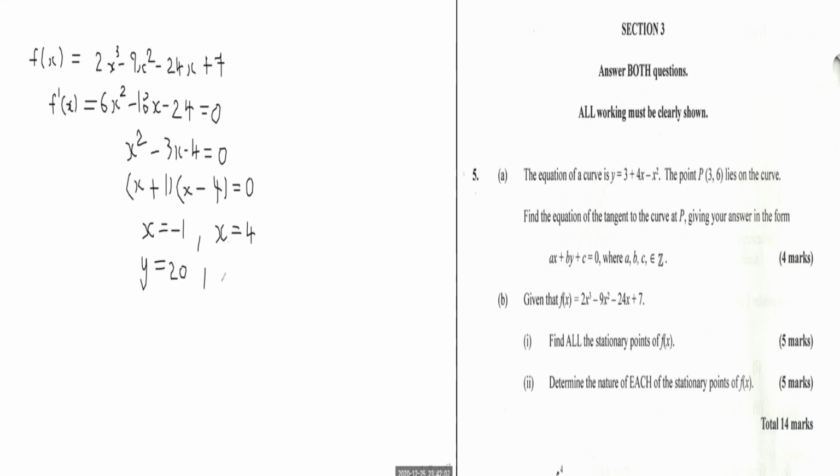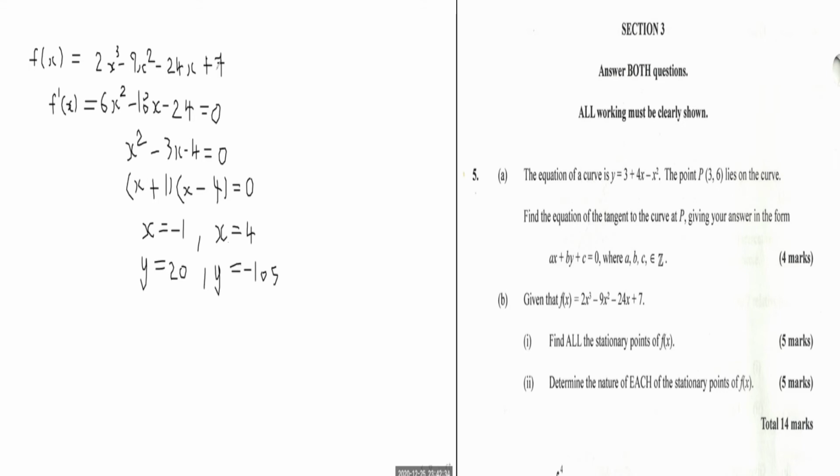And then we put in x as 4 here. So we're going to get 2 times 4 cubed minus 9 times 4 squared minus 24 times 4 plus 7, and that's negative 105.